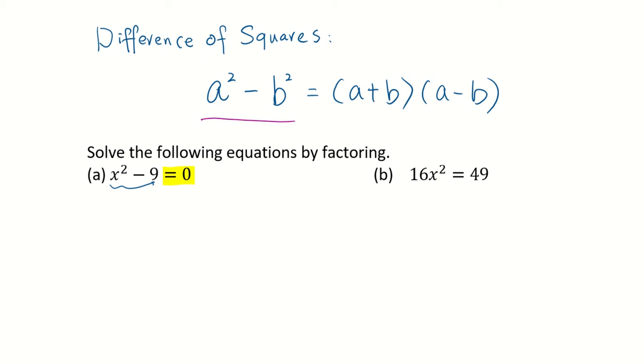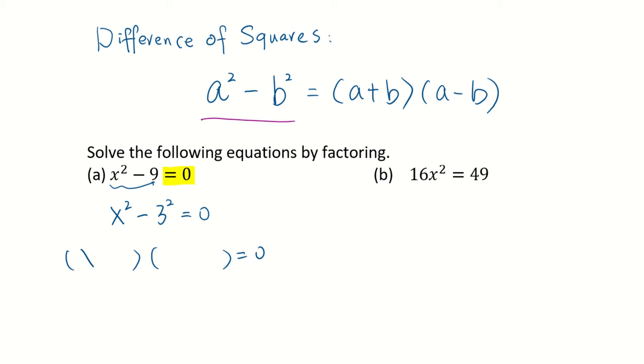But 9 is 3 squared. It is in the form of a squared minus b squared. That means we can factor x squared minus 3 squared using the difference of squares formula.